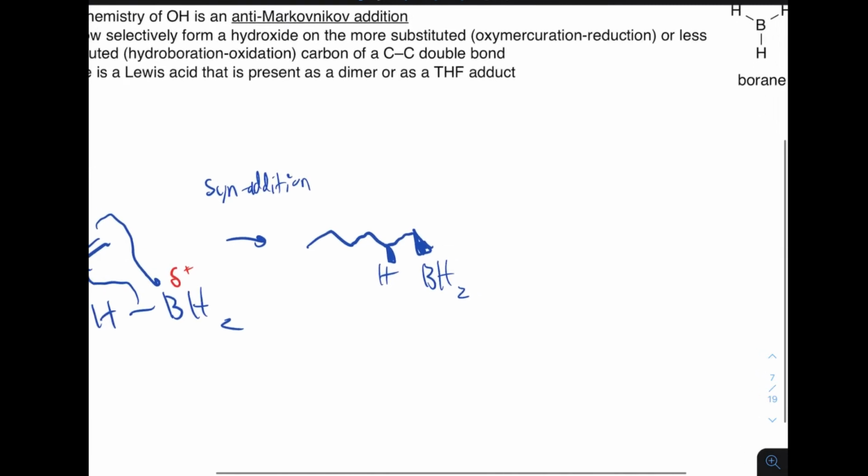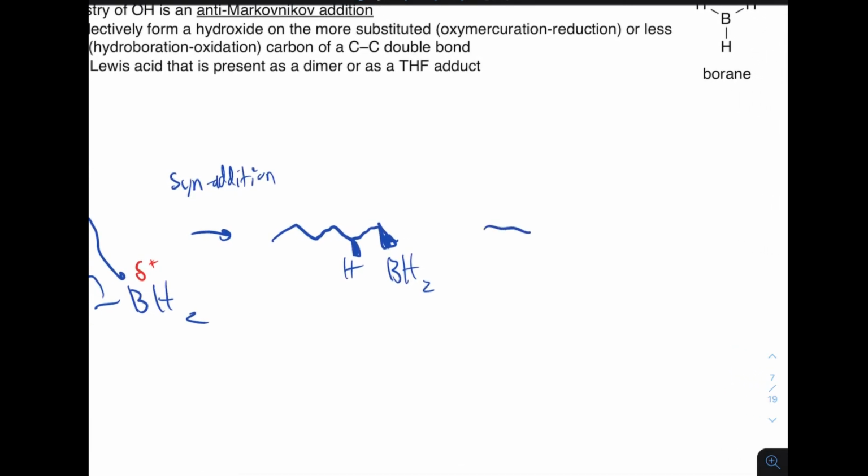And what happens next is another example of something being really steppy and complicated, so we're not going to show the whole thing. But in essence, what happens is BH2 ends up getting exchanged with OH.